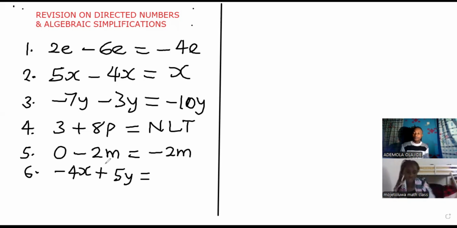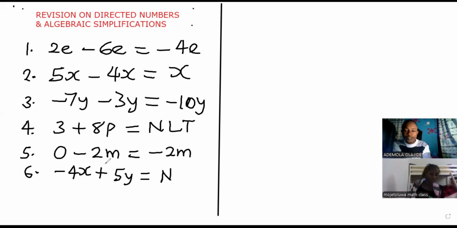Okay. So this is, you are owing 4x and you have 5y. This is not like terms. Two different letters, they cannot go together.